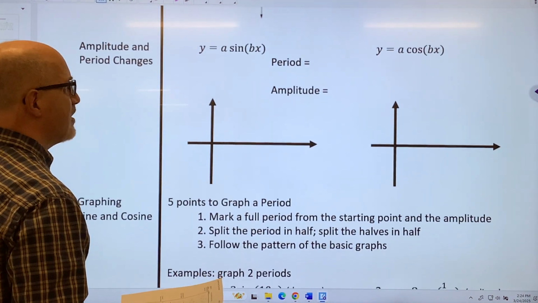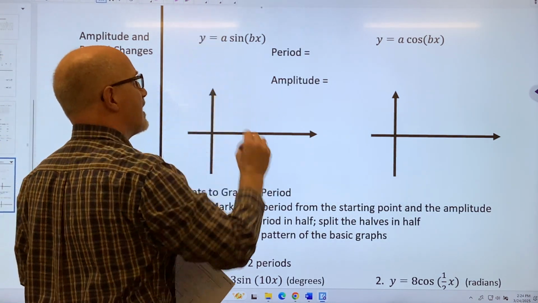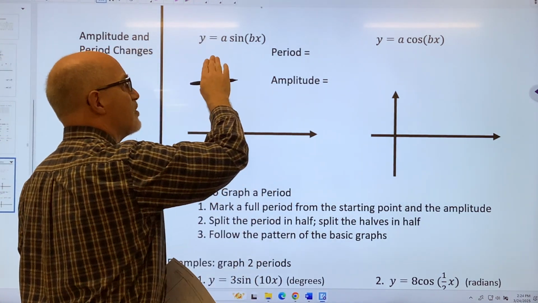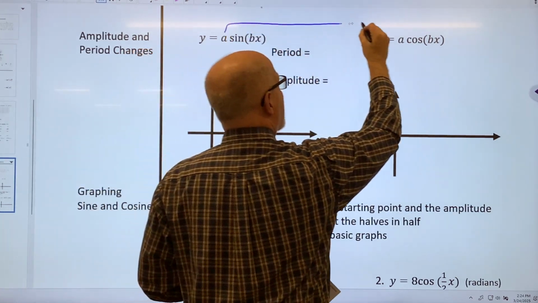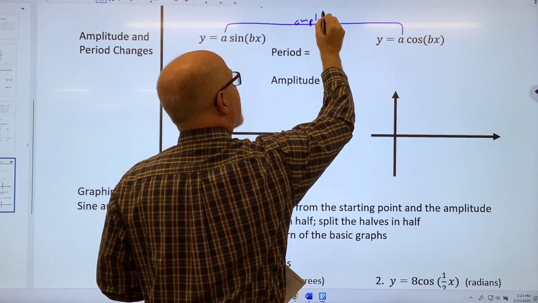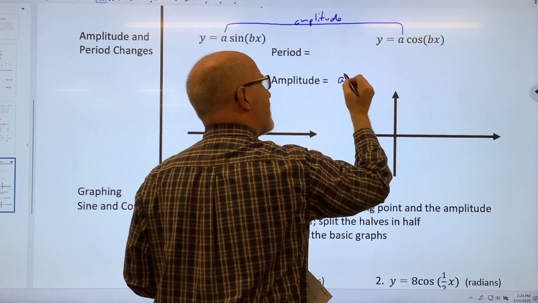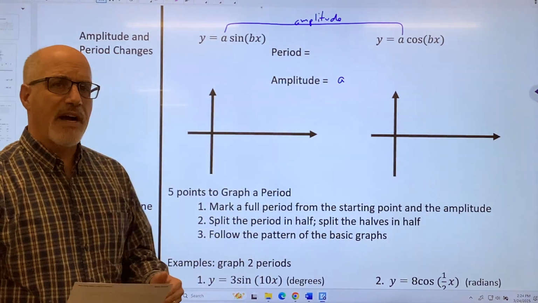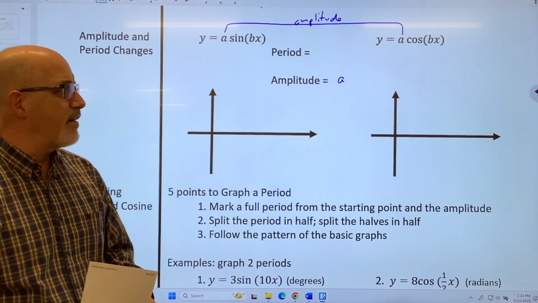So looking at these two graphs, we have some commonalities here. The A in front affects the amplitude. So the amplitude is just that value in front. If you multiply it by 5, it's going to go from the middle of the graph up 5 units, and from the middle of the graph down 5 units.